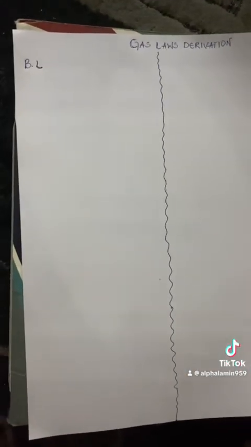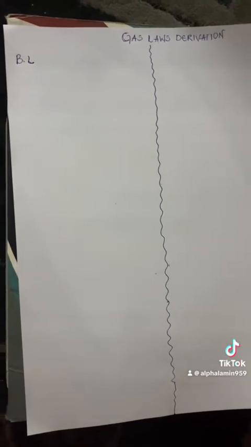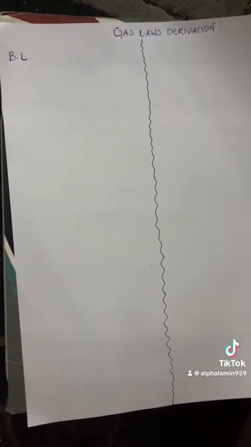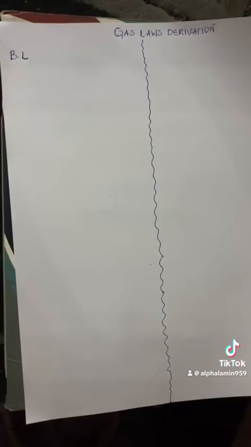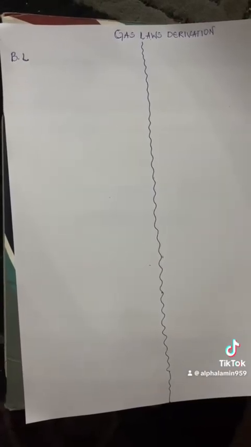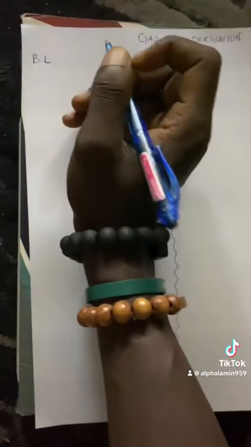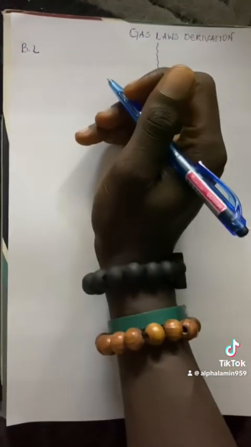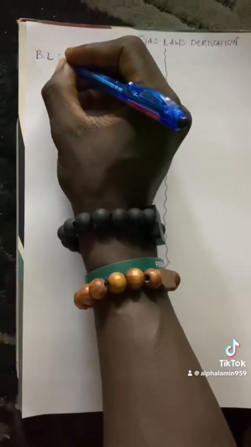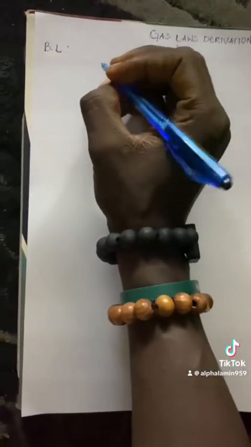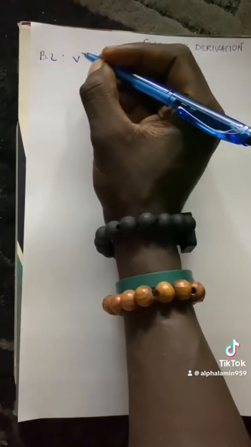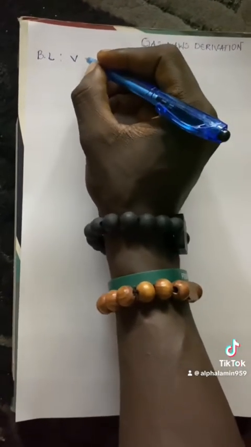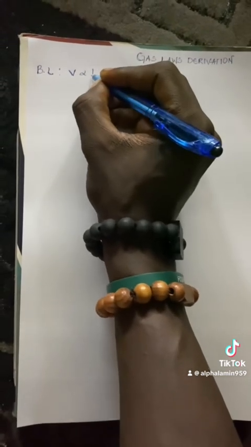Boyle's law talks about the relationship that exists between the volume and the pressure of a gaseous substance. And the law states that the volume of a fixed mass of gas is inversely proportional to its pressure.